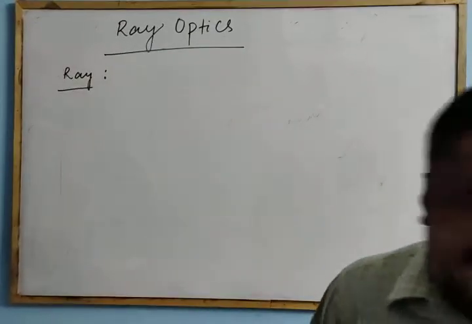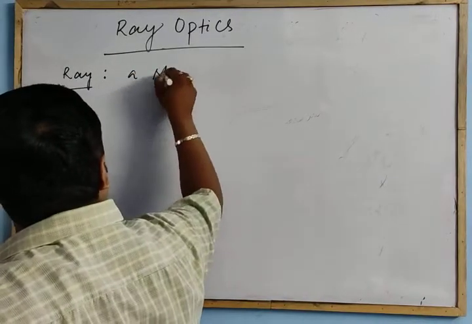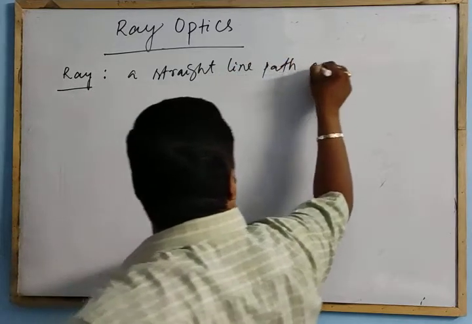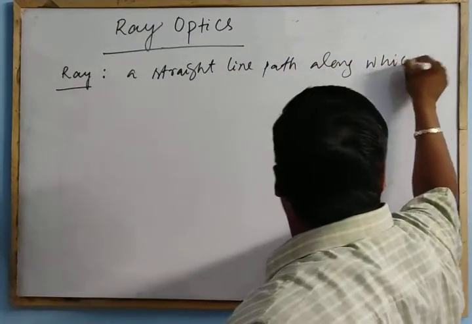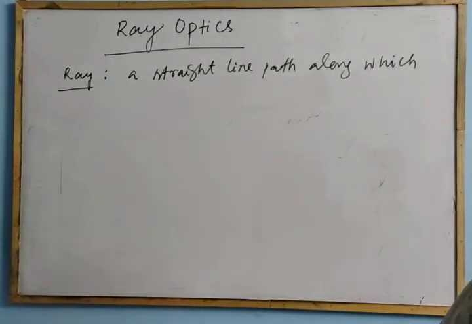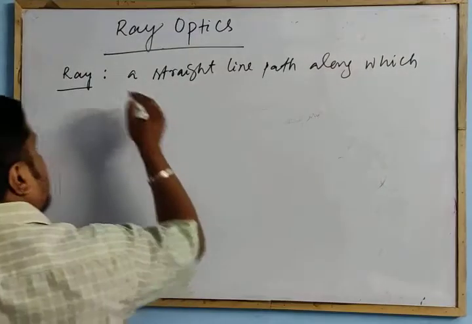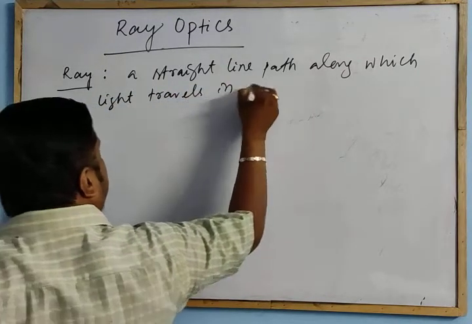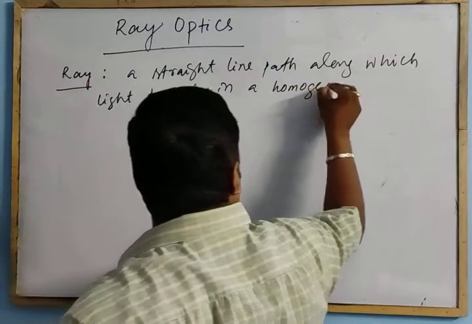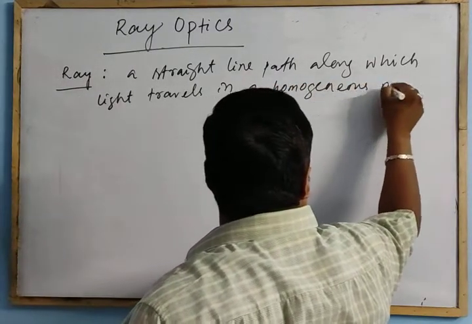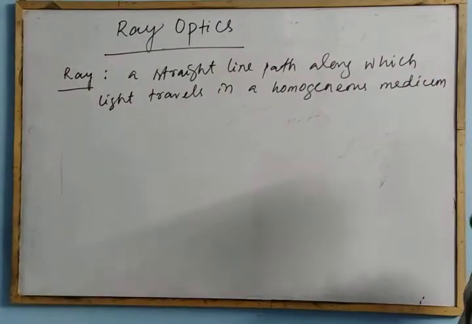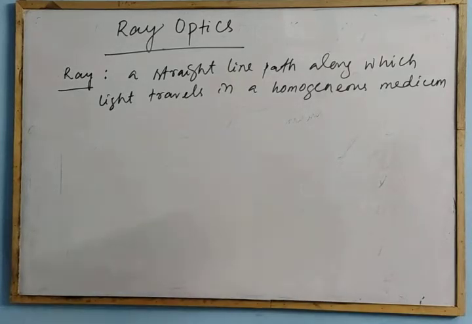So we can say a straight line path along which light travels in a homogeneous medium is called a ray.